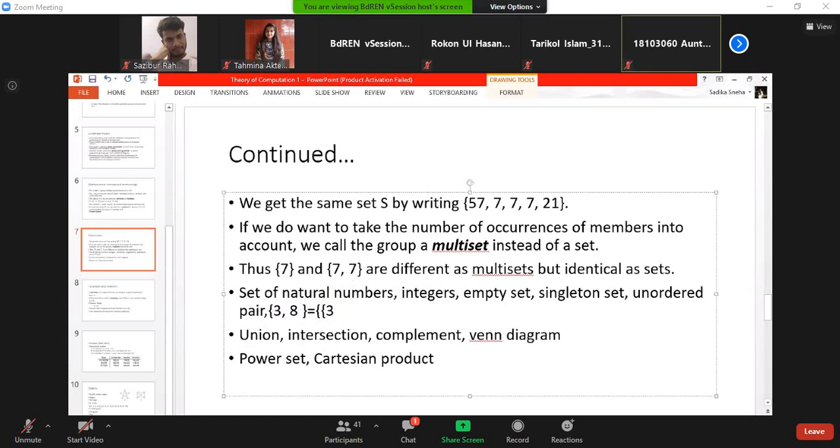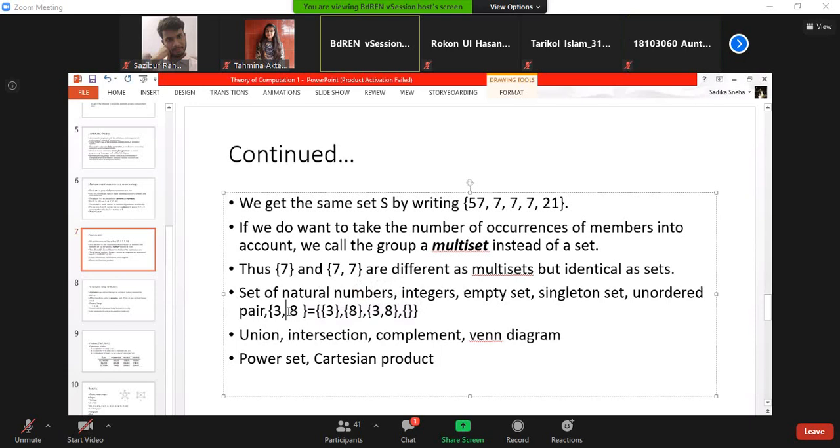And how do we find the power set? Say this one, and 8. 3, 8, and 3, 8 together, comma, and then 3 comma 8, and then there will be one empty set, and done. So there are four elements in the power set for this set, and as you said, there are four.